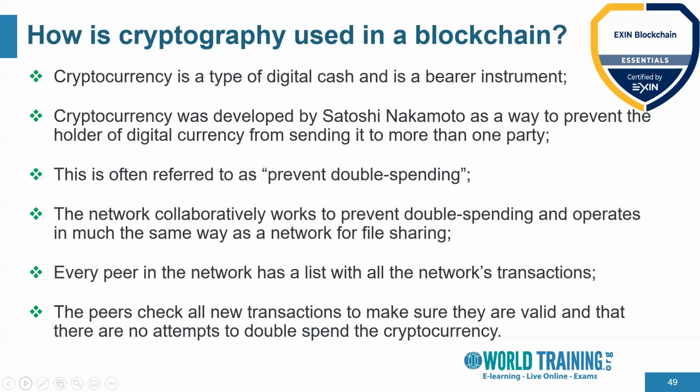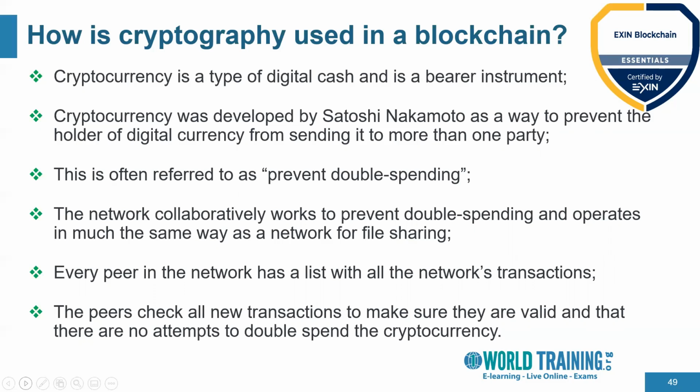It was a mechanism to prevent the holder of the digital currency from sending it to more than one party. That solves the problem of double spending. You can only send the digital currency to one person. You cannot send it to multiple parties.